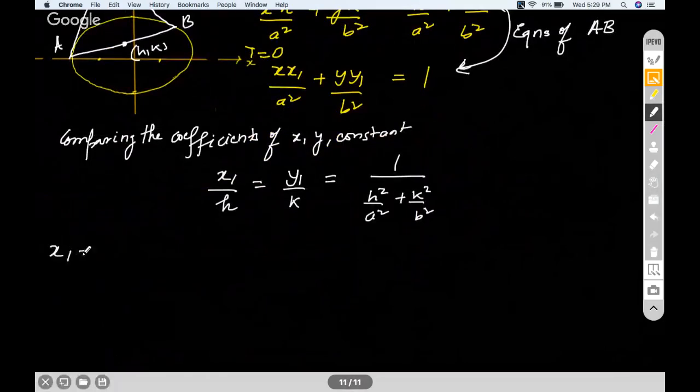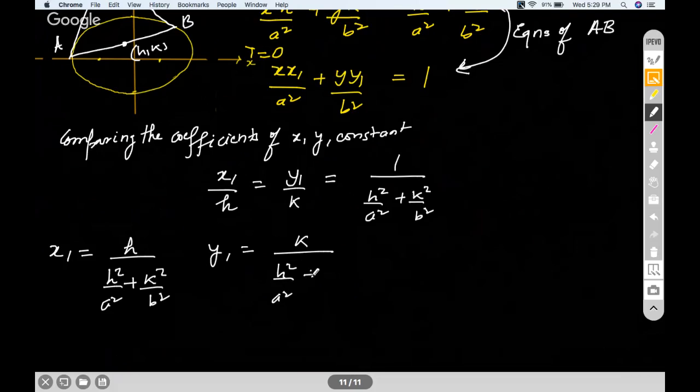Which means x1 is h by h square by a square plus k square by b square. y1 is k by h square by a square plus k square by b square.